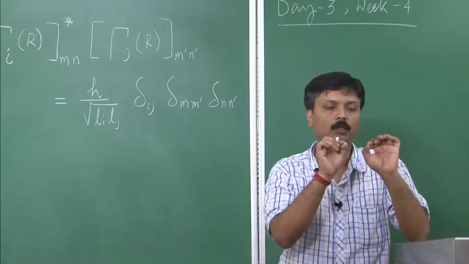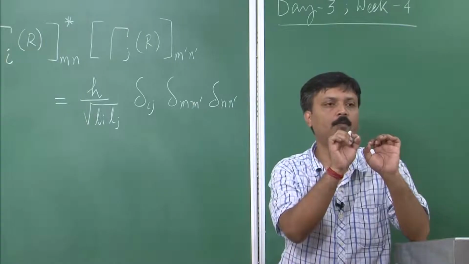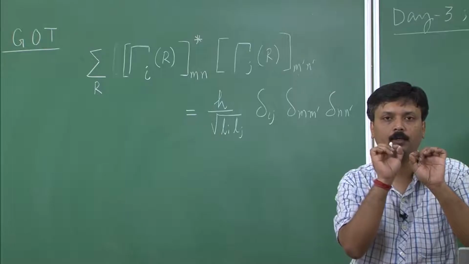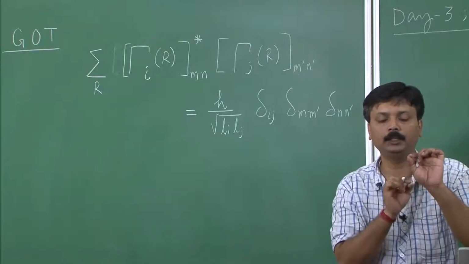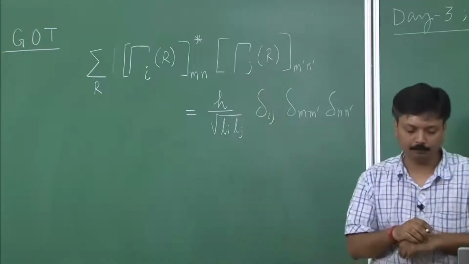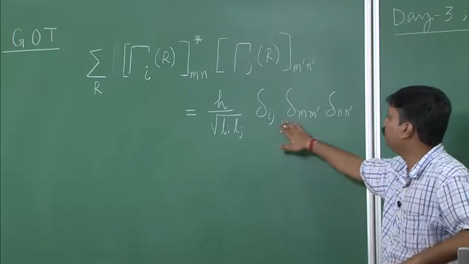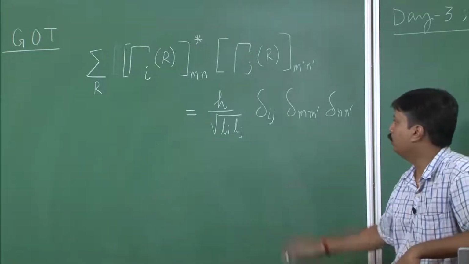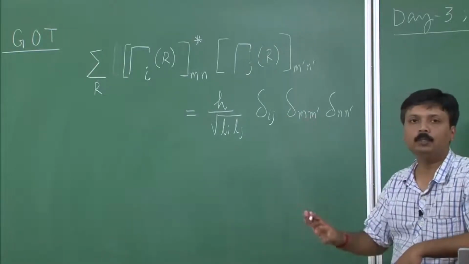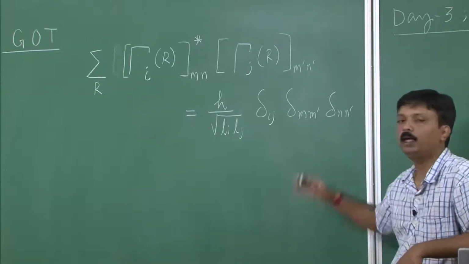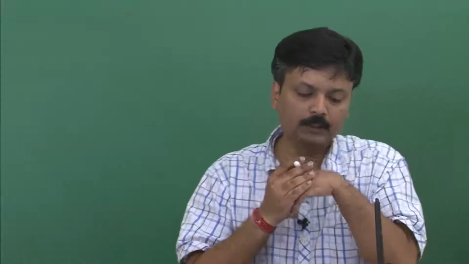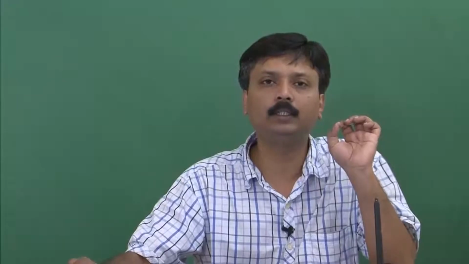So if I choose one element from one particular matrix corresponding to one particular irreducible representation, I can have another one from another irreducible representation, and these are the Kronecker deltas relating i and j, that is two different IRs, m and m', that means two different elements, and also n and n', two different elements.